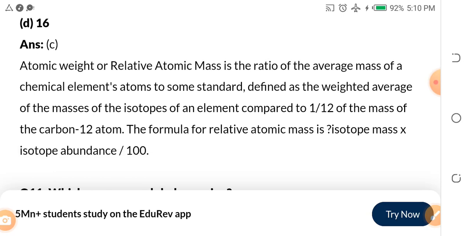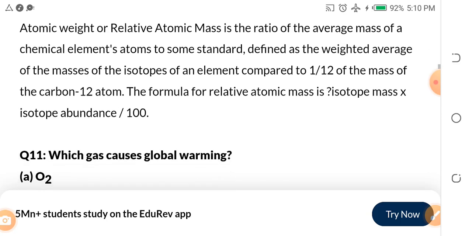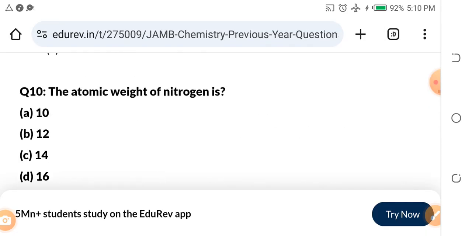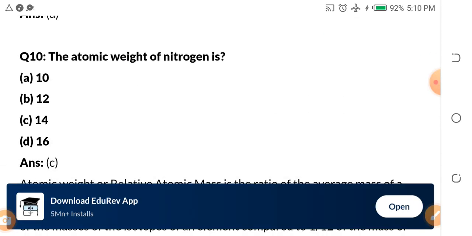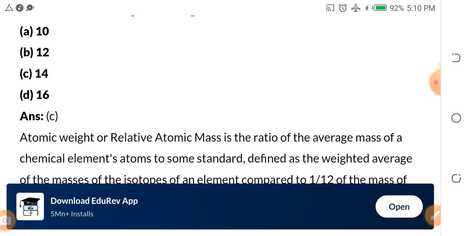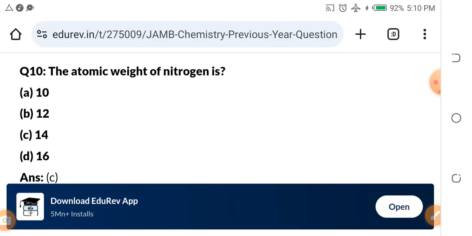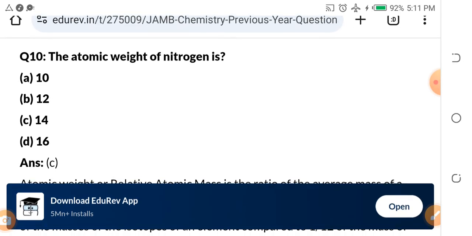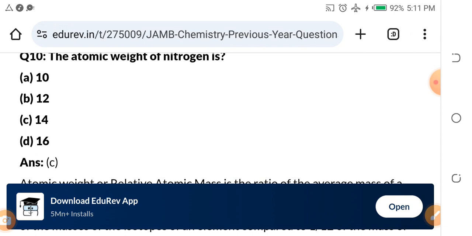The formula for relative atomic mass is isotope mass times isotope abundance divided by 100. Now, the atomic weight of nitrogen is what? C, 14.